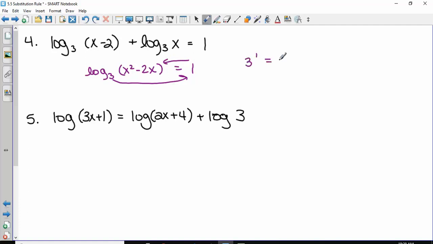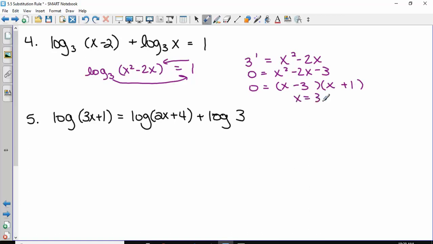So 3 to the first equals x squared minus 2x. Then we can set it equal to 0. What multiplies to -3 and adds to -2? -3 and 1. So we get x to be 3 and negative 1. Do both answers work? Just 3. So condense first, and then if there's only a log on one side, we change it to exponential form.